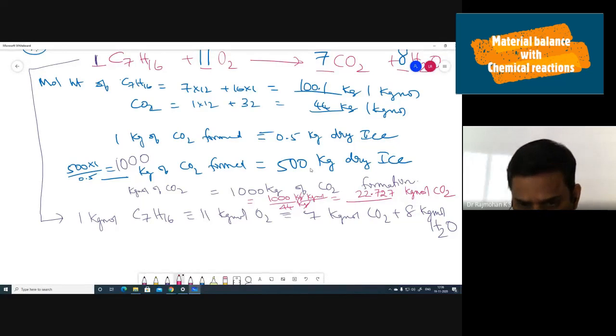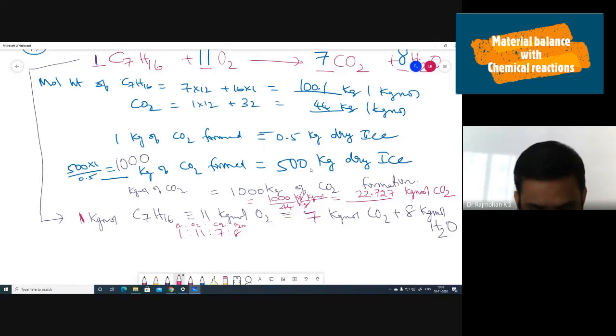Now as per stoichiometric balance, you can simply use the ratio 1 is to 11 is to 7 is to 8, for heptane, oxygen, CO2 and water.